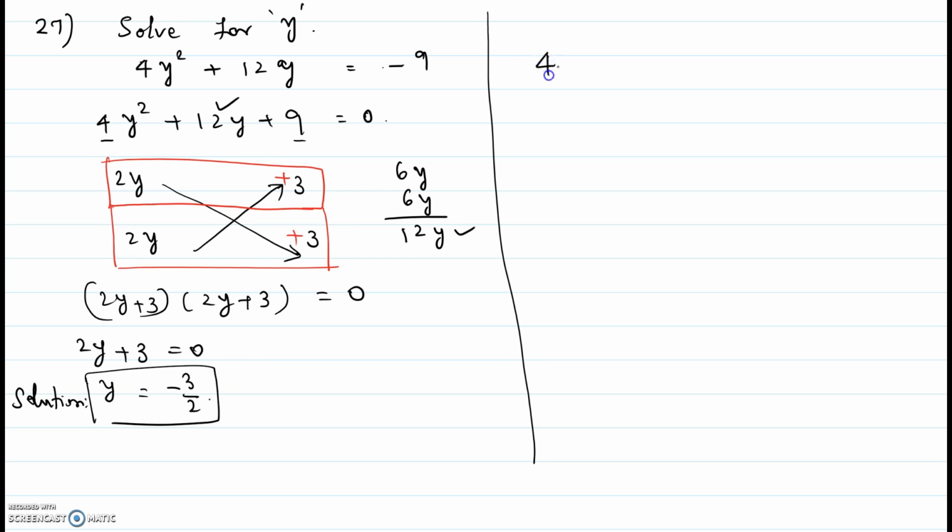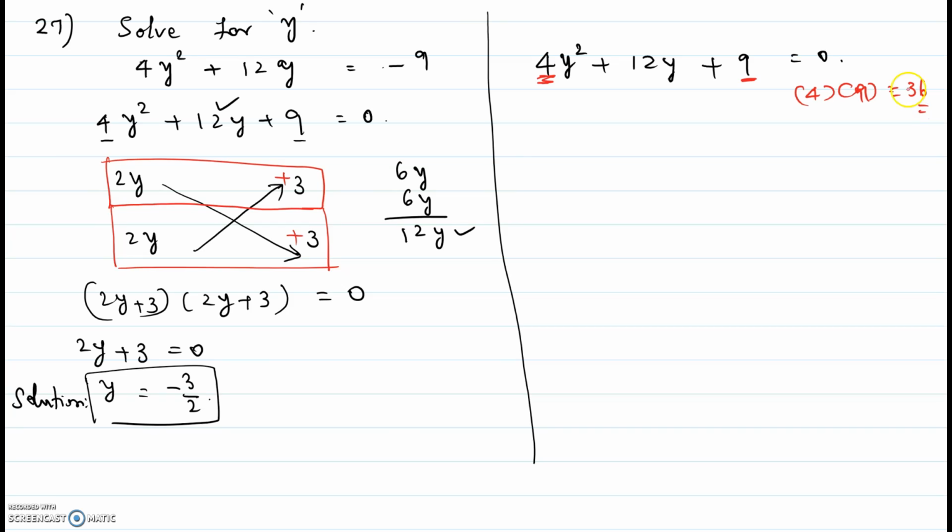We just want to learn, just for fun, one more type of factoring, for 4y² + 12y + 9 = 0. What we normally do is take the leading coefficient, the number in front of y², and the constant term, and multiply them. So 4 times 9, that will be 36.